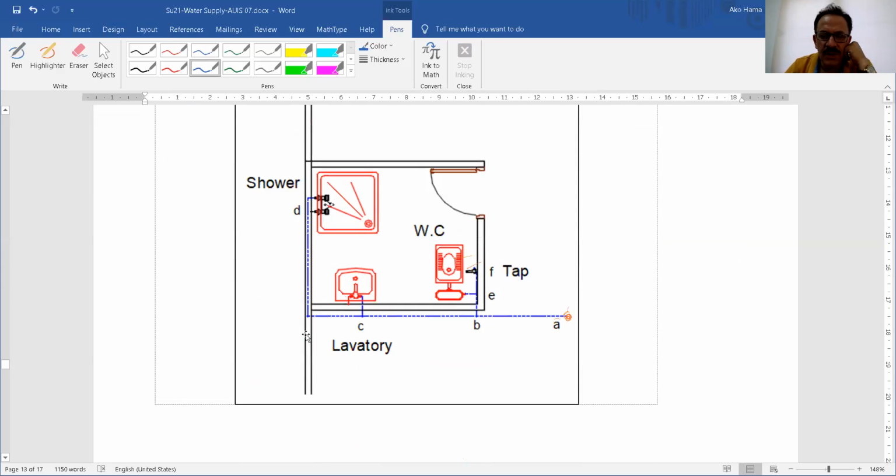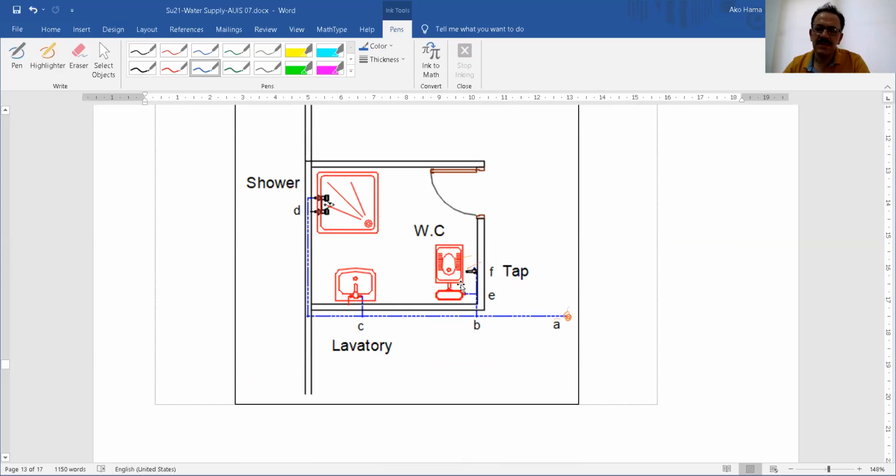We have this drawing, this group of bathroom. We have a Western closet, and sorry, Eastern closet, water closet. We have a pipe starting from A, and it will send cold water from A to the shower, the lavatory, and this water closet, and there will be a tap here.